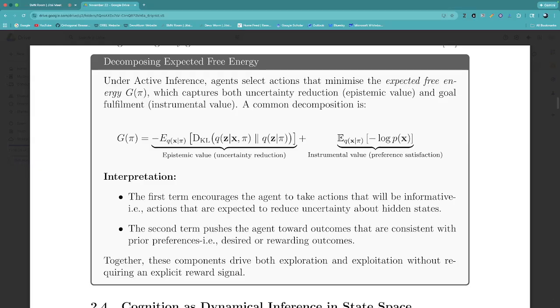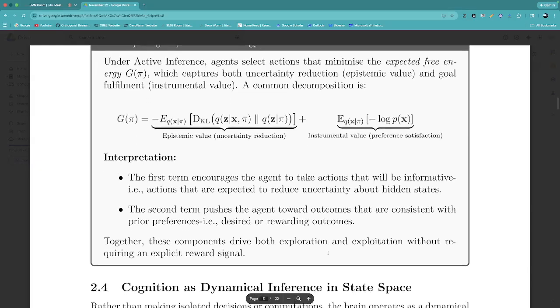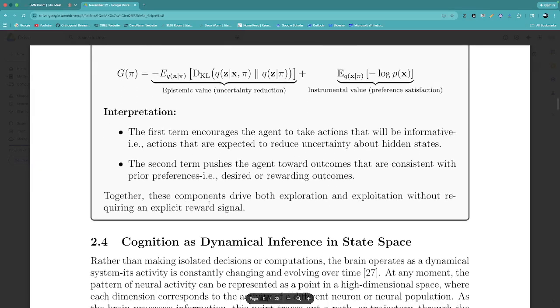And then the second term pushes the agent towards outcomes that are consistent with prior preferences, desired or rewarding outcomes. Together these components drive exploration and exploitation without requiring an explicit reward signal. This is where Vidhi knows this quite well, that in reinforcement learning we have these exploration and exploitation models.